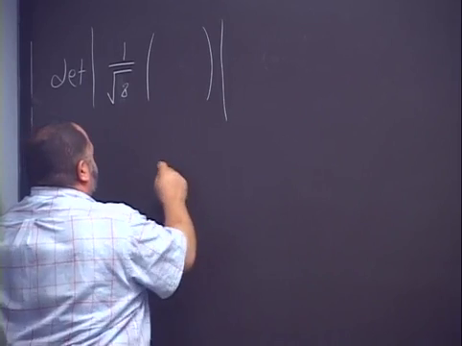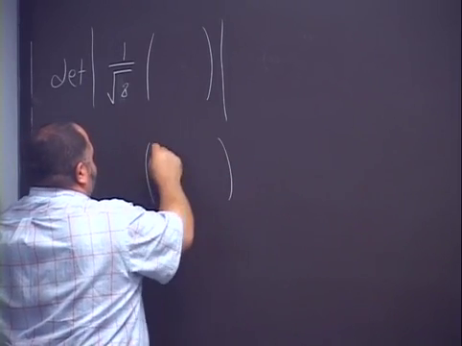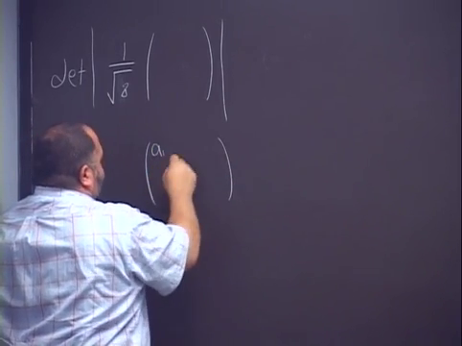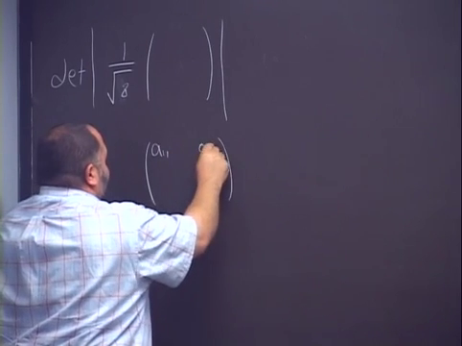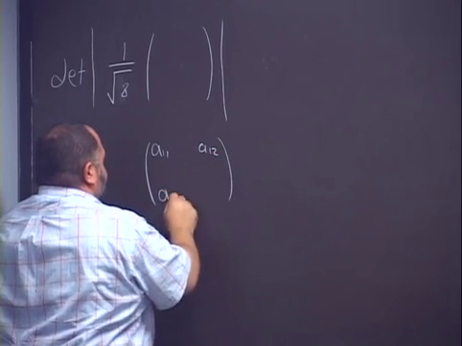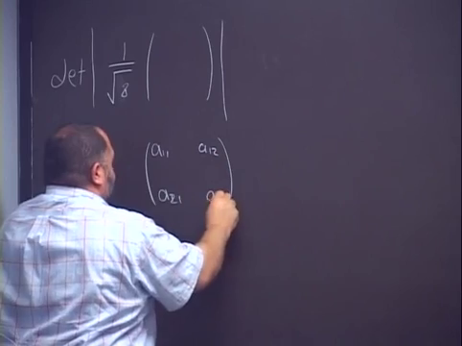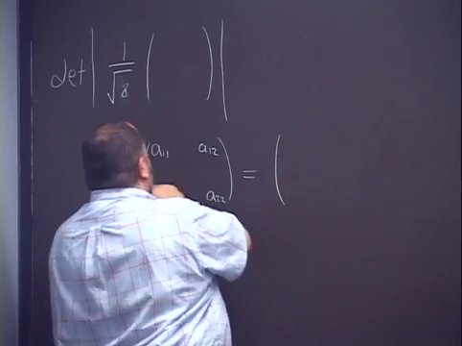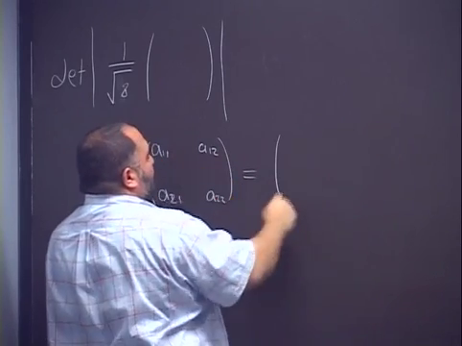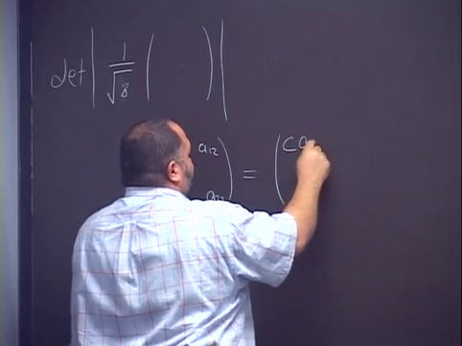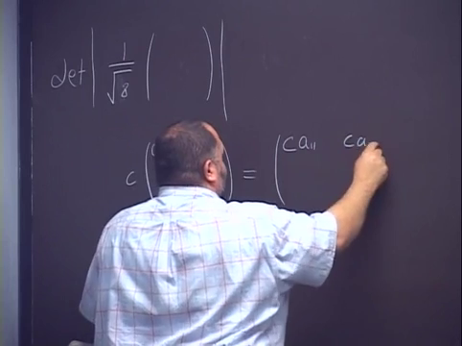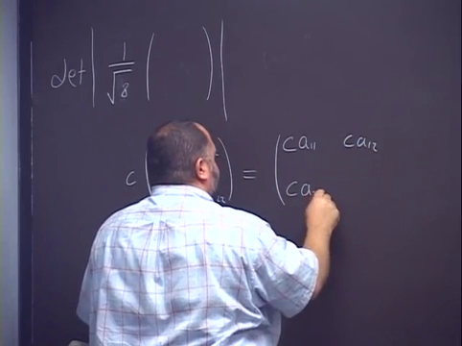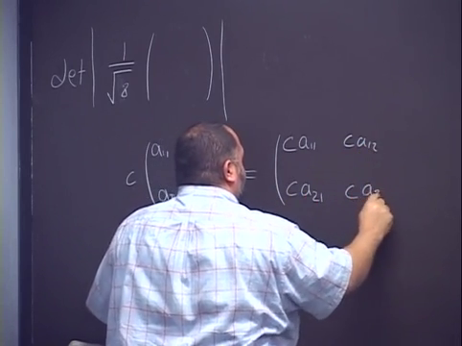If you remember, let's say a 2 by 2 matrix: this is A11, this is A12, this is A21, and this is A22. If you have a constant C here, you multiply C by all the elements, so this will be C A11, C A12, C A21, and C A22.